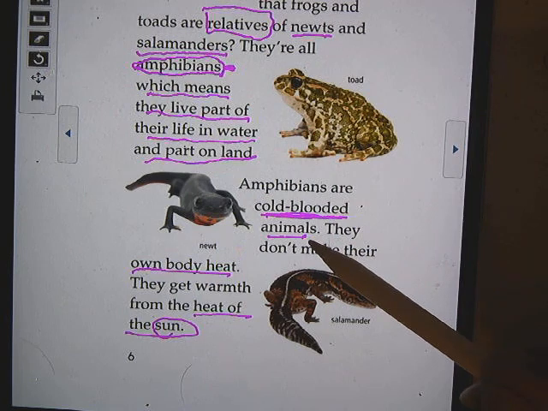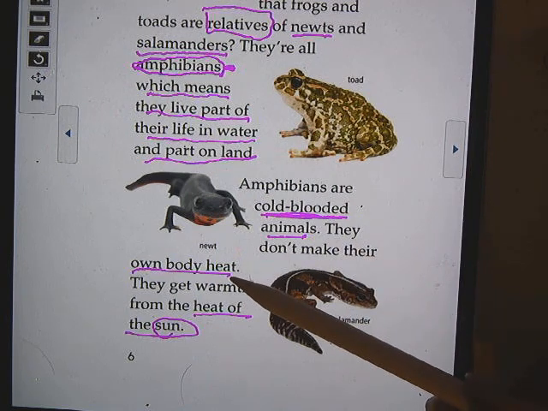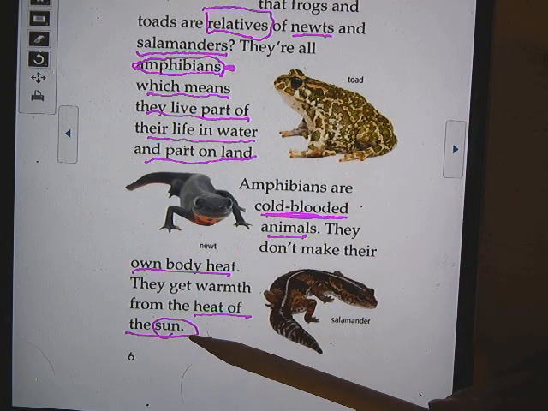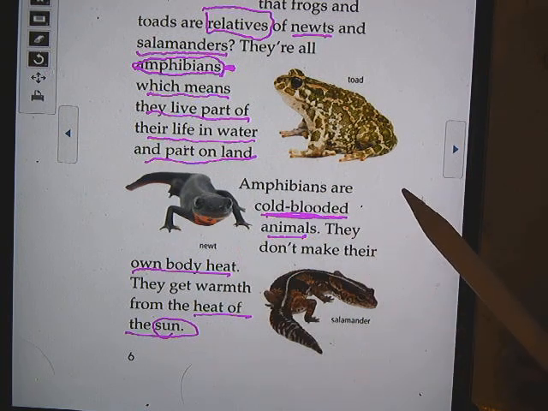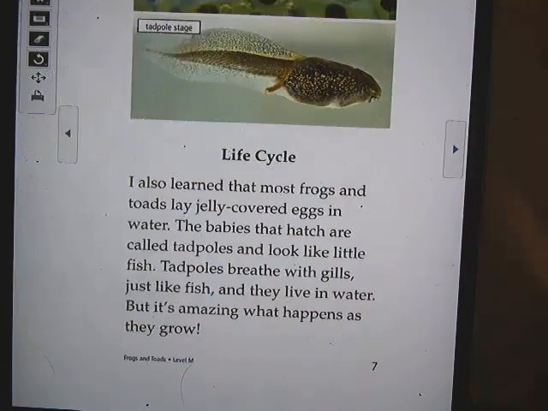So cold-blooded animals don't produce their own body heat. They get it from an outside source known as the sun. And animals like humans, we're warm-blooded, and our bodies stay about the same temperature unless you have a fever and your body's trying to fight off some type of infection.